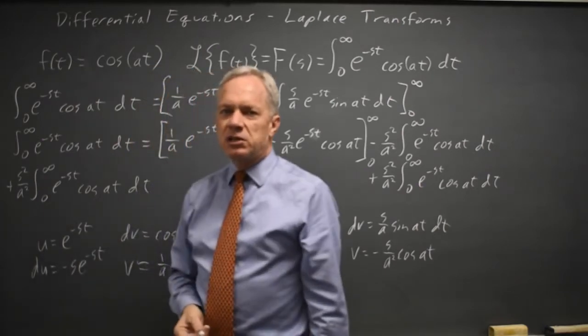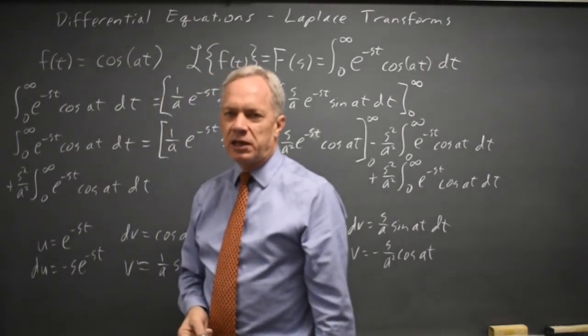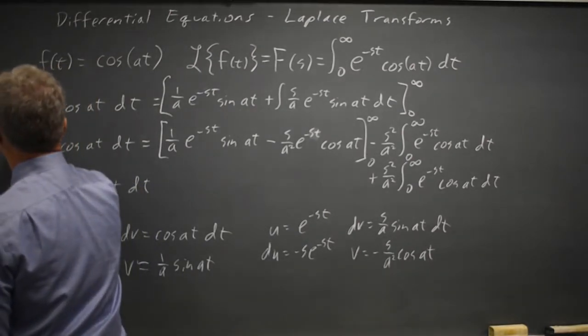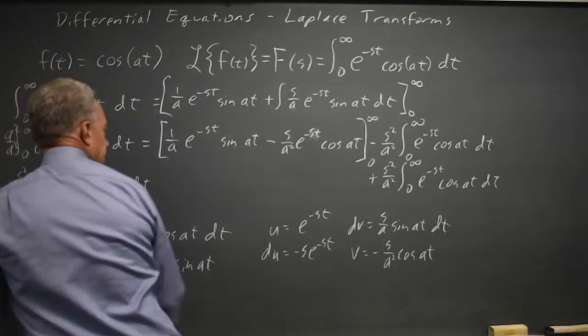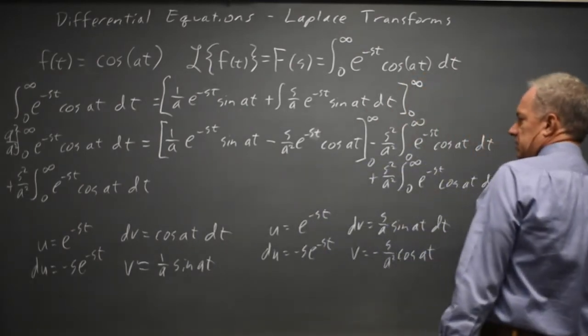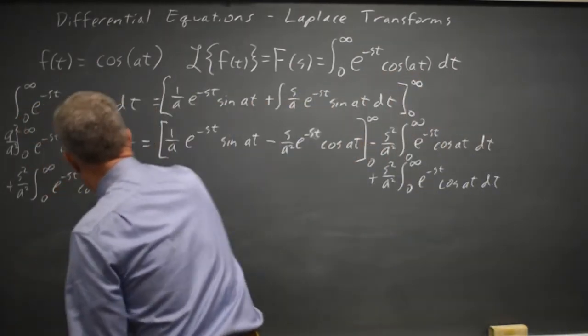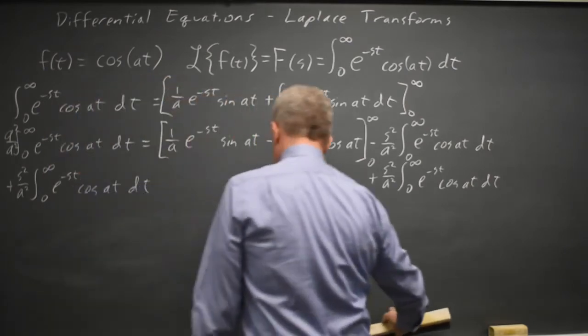I have 1 times my original integral, and I can write that as a squared over a squared times that integral, so that when I add to both sides, common denominator.